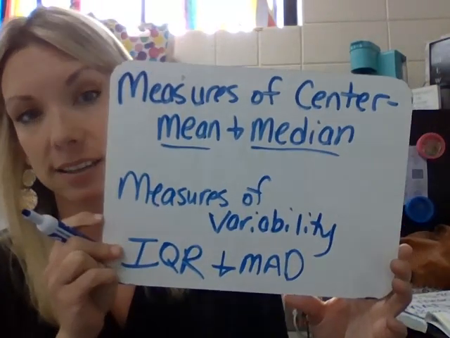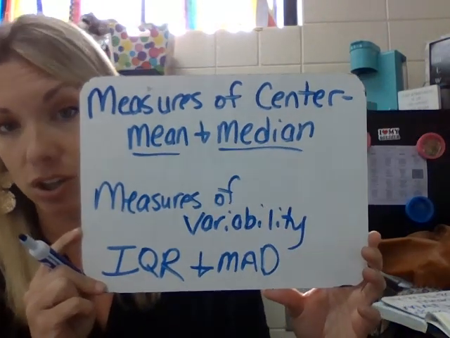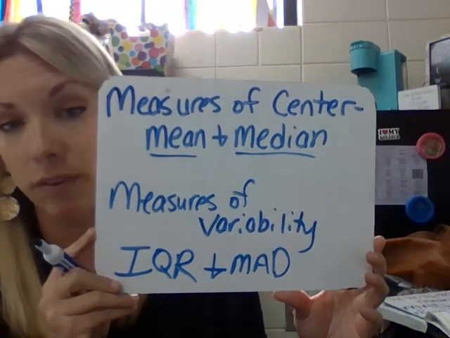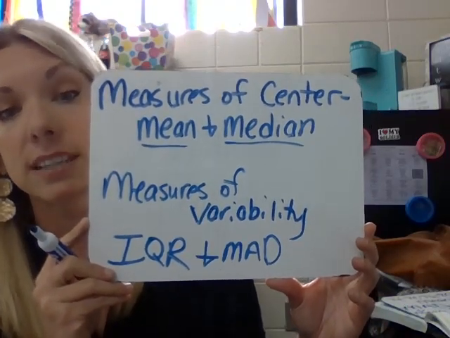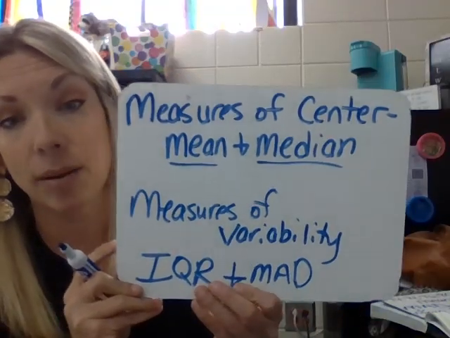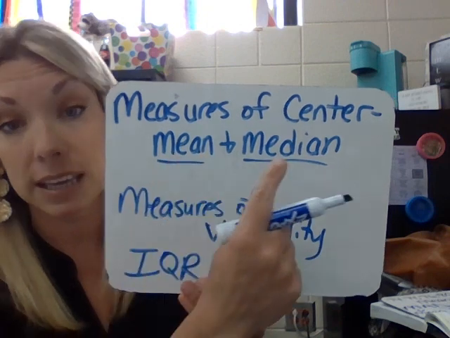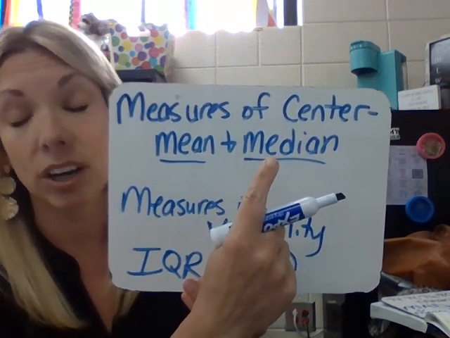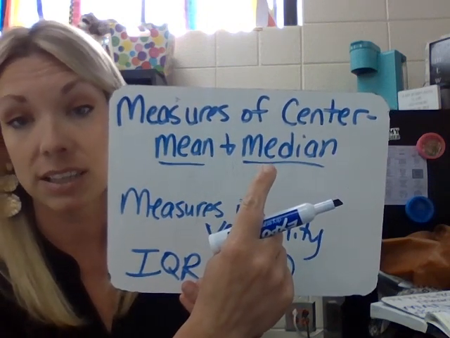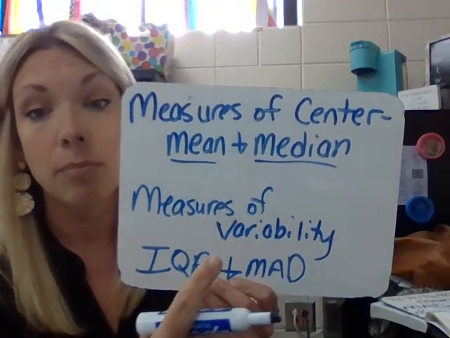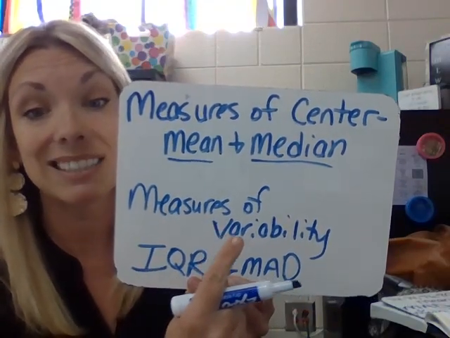I made this little sign so that you understand that your measures of center, that's your averages or your 50%, the middle of the road. Measures of center are mean, that's adding up all the numbers and dividing by how many numbers there are. And your median, which is least to greatest, putting your numbers in order from least to greatest and crossing them out till you find your 50% mark or your halfway point. Measures of variability, that measures distance.